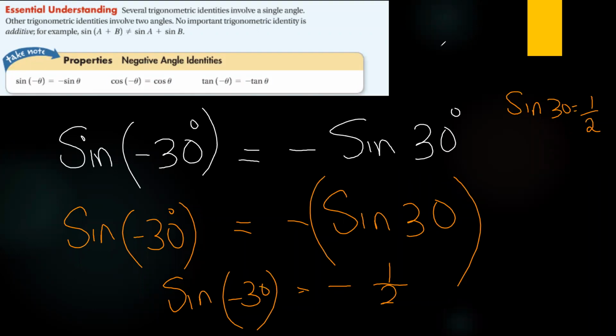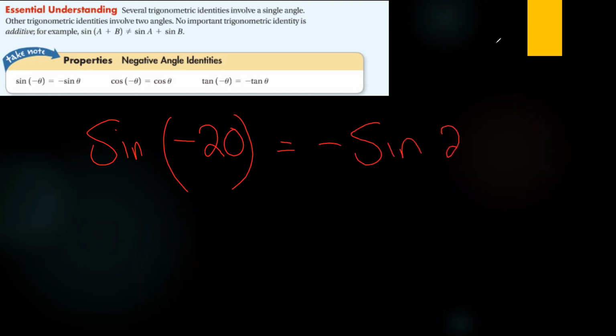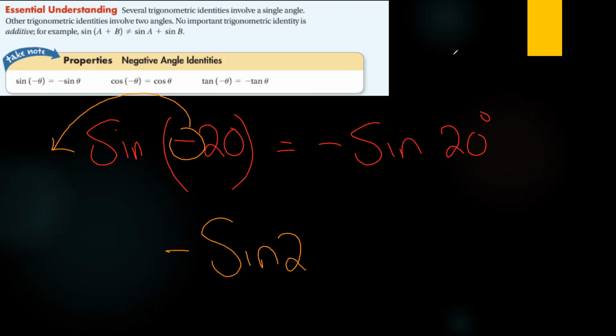No, it's supposed to be negative. That means there's something wrong. Okay, teacher. So if you have sine of negative 20 as an example, you drop out the negative sign, so it comes as negative sine of 20.